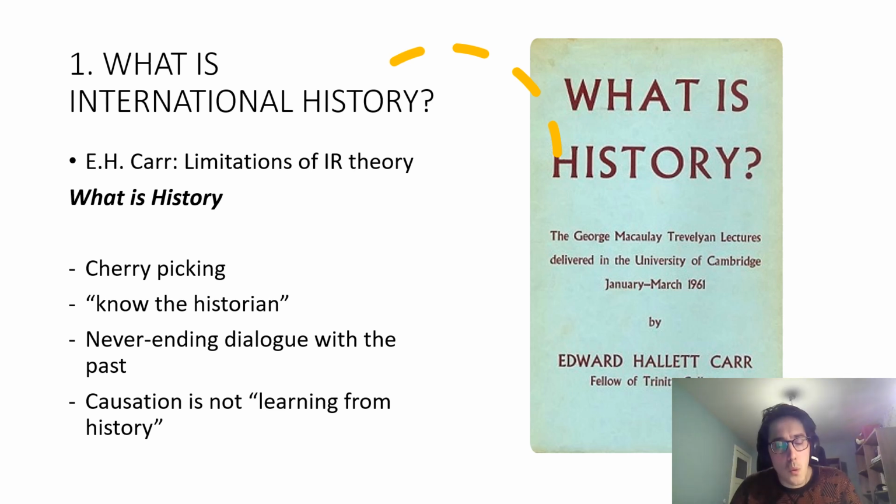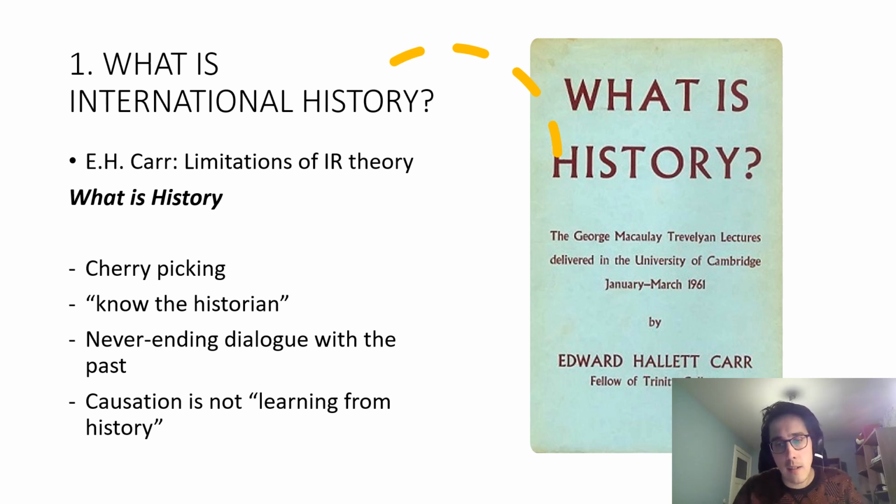And this brings us to the field-defining essay that Carr wrote, namely, What is History? In 1962. It's a set of lectures in which he tries to define what history is as a discipline. History more broadly, but also, of course, important for understanding what diplomatic history is, what international history is.